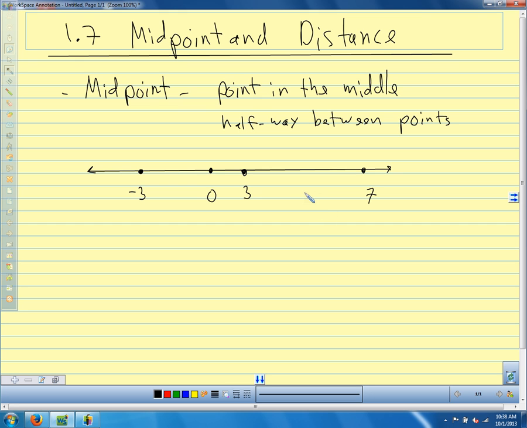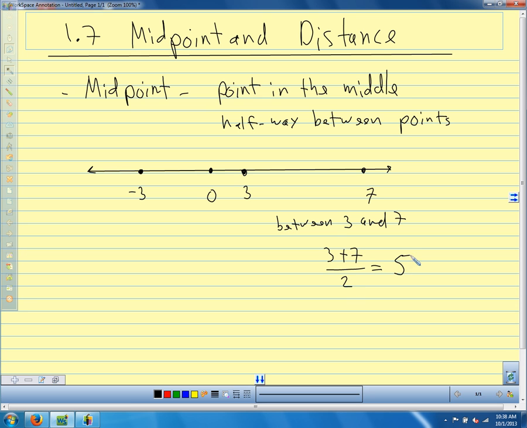5. Okay? Now Mitchell says an easier way to do it is add them together and divide by 2. When we add them together and divide by 2, we're finding the average of those two. And that will give us our point. So halfway between 3 and 7, we're going to do 3 plus 7 divided by 2. 3 plus 7 is 10.